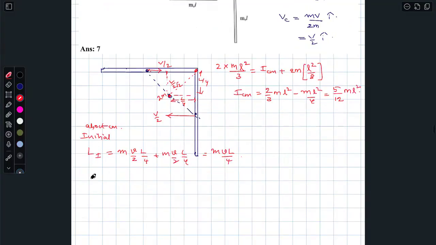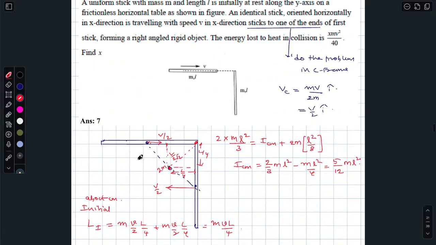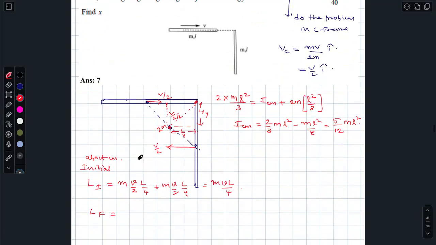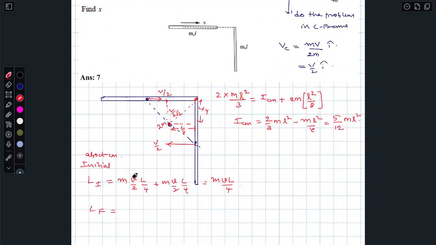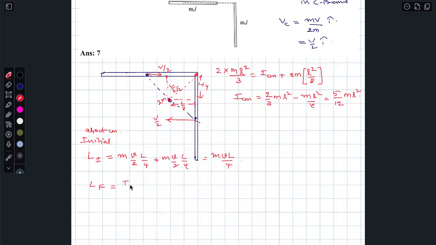Right. What is L final? Because you are doing the problem in C frame of reference, L final is ICM omega. This is 5 by 12 ml square omega. So now, law of conservation of angular momentum about center of mass of the system.